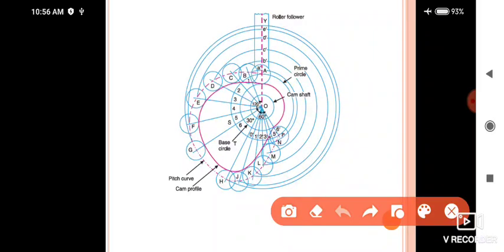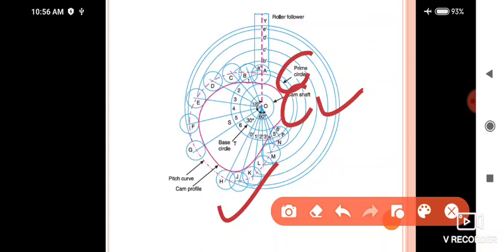Then mark those angles on the base circle, divided into 6 equal parts during the outward stroke and return stroke, and the remaining period is the dwell. Draw the prime circle and the base circle of the cam shaft, and mark the 6 equal parts.